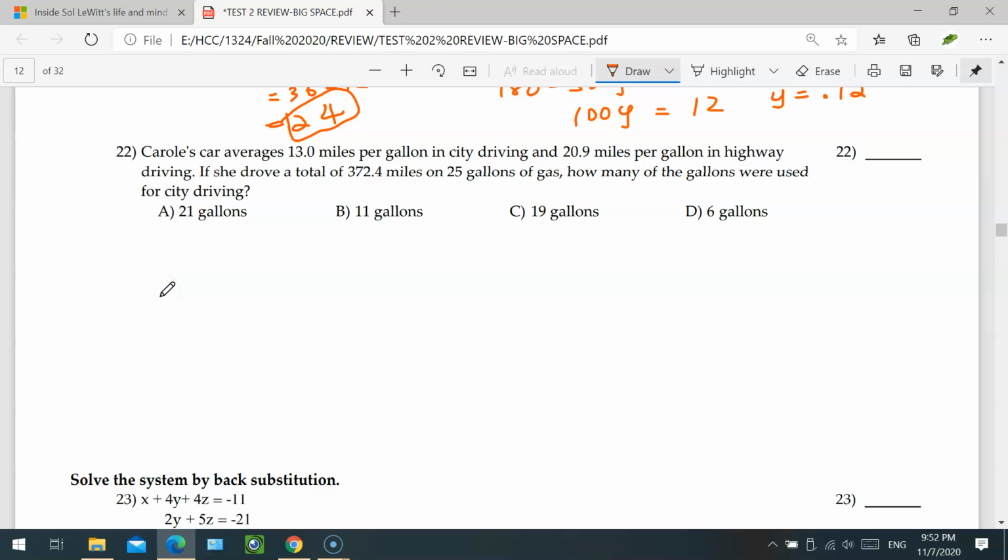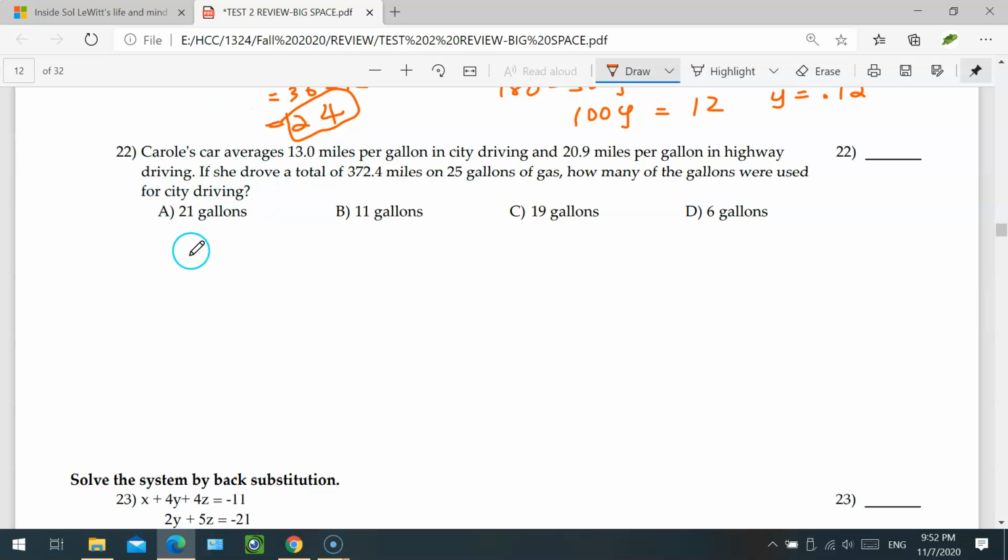Number 22. Carol's car averaged 13 miles per gallon in city driving and 20.9 miles per gallon in highway driving. If she drove a total of 372.4 miles on 25 gallons of gas, how many gallons were used for city driving?